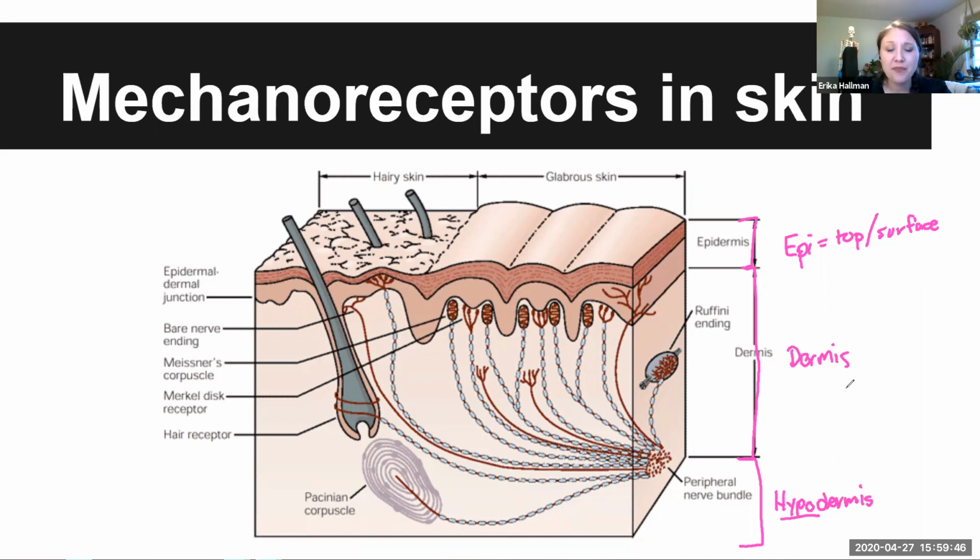What we see here, first of all, let's just talk about this gnarly piece of hair coming out of our skin. This would be a hair follicle, where that hair is able to break through the surface of our skin. We can see that there's a nice little receptor down here.